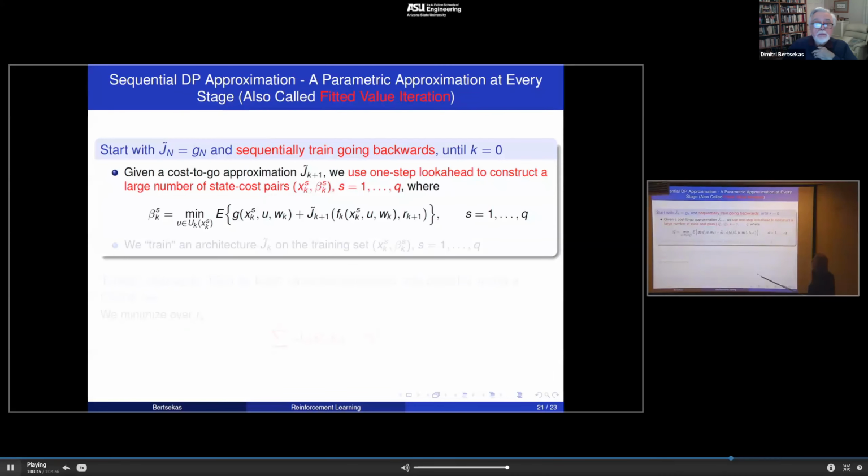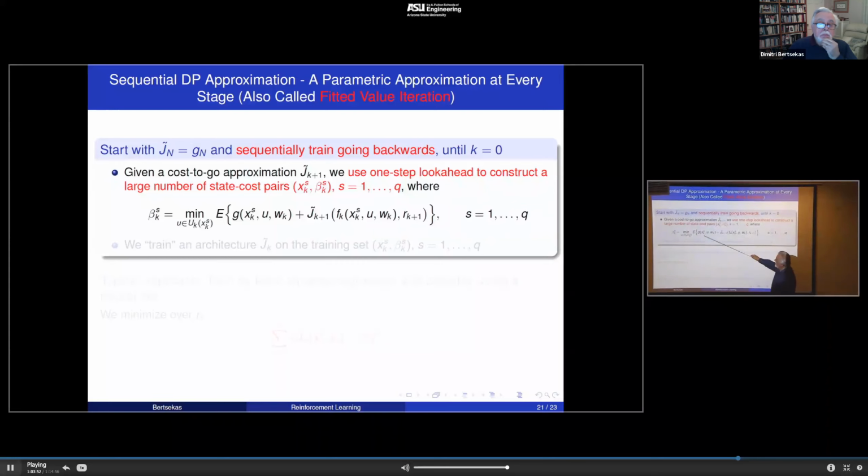So here is the algorithm. This is also called fitted value iteration. And it does dynamic programming approximation sequentially going backwards. We start with the terminal cost function, and then using this cost-to-go approximation, which may be constructed by using a neural network or a linear feature-based architecture, we use one-step look-ahead to construct a data set consisting of state-cost pairs.